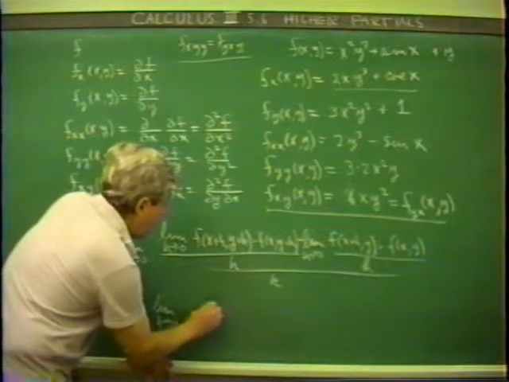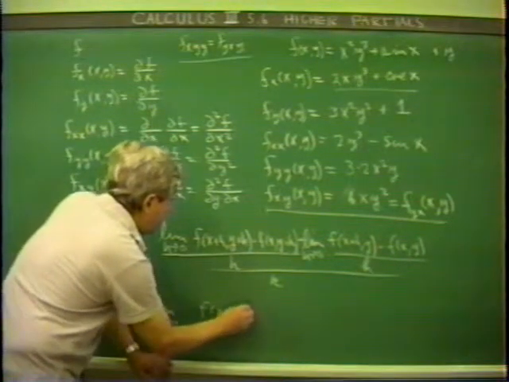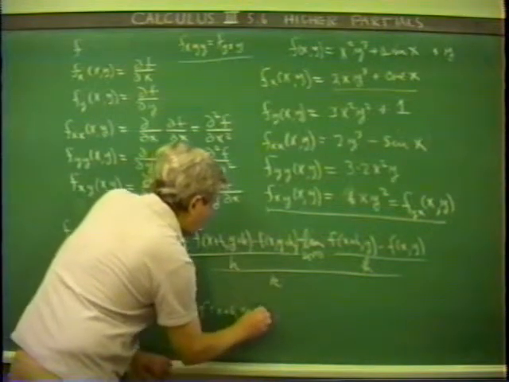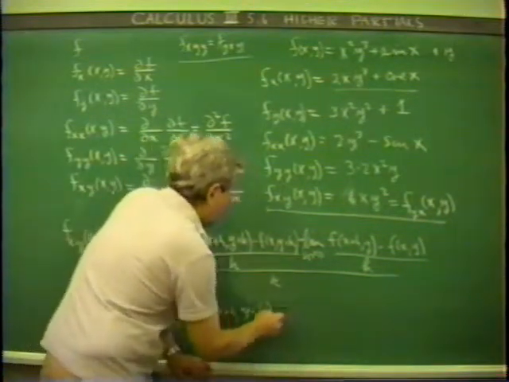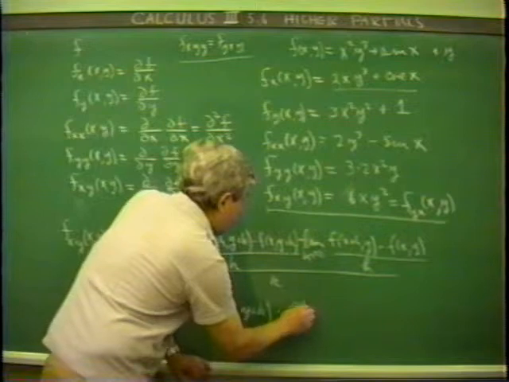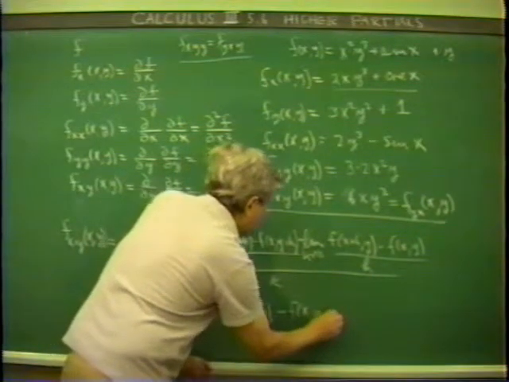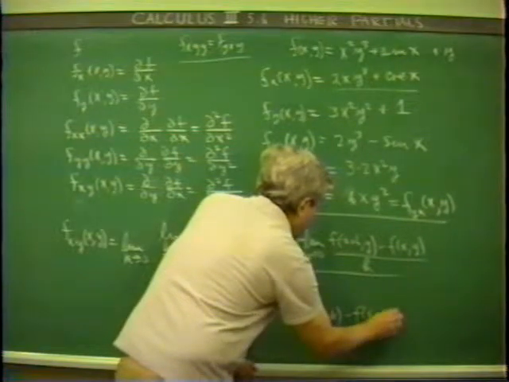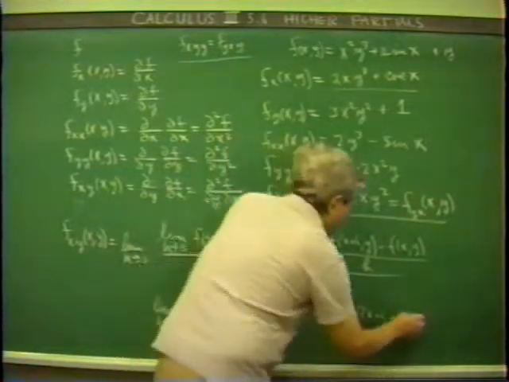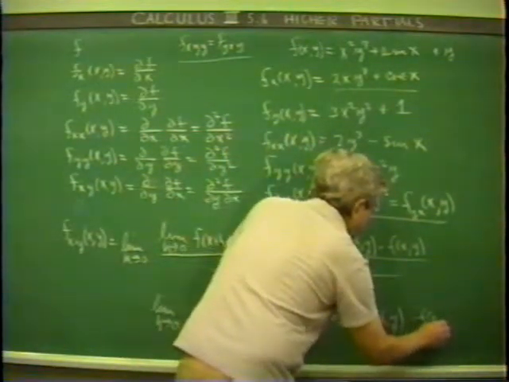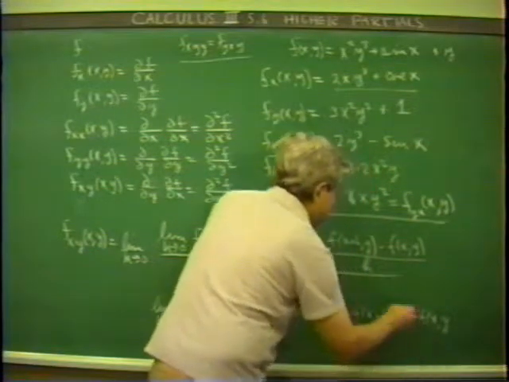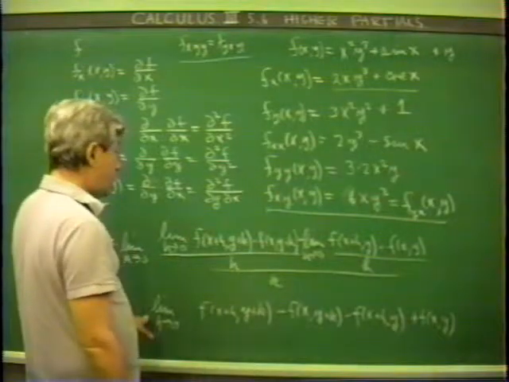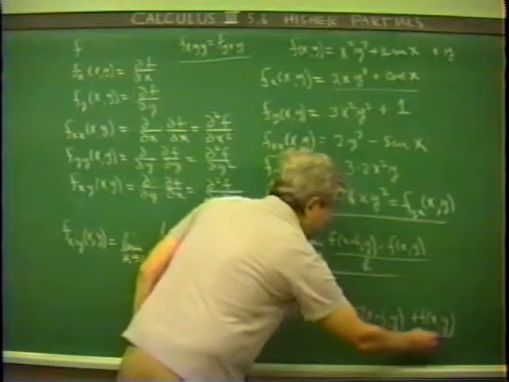Well, if we combine these two limits, we find out that what we're looking at is the limit as h approaches 0 of f of x plus h and y plus k, minus f of x and y plus k, minus f of x plus h and y, plus f of x and y, this is plus now, because we have minus here.